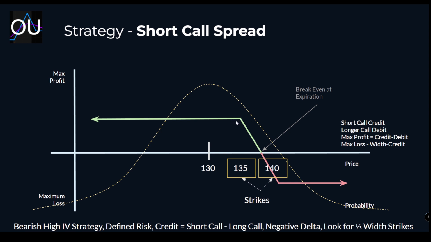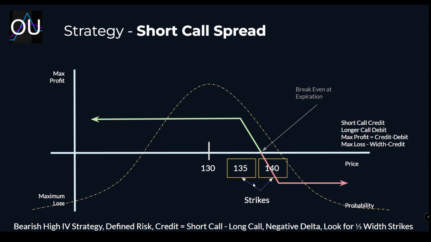In this case, the shorter strike, the strike that's closer to the price, you want that to be high IV rank because you're selling premium. That's going to be most of your juice in here, your profit. But you're buying protection out at the 140, and again, the difference is going to be your profit.